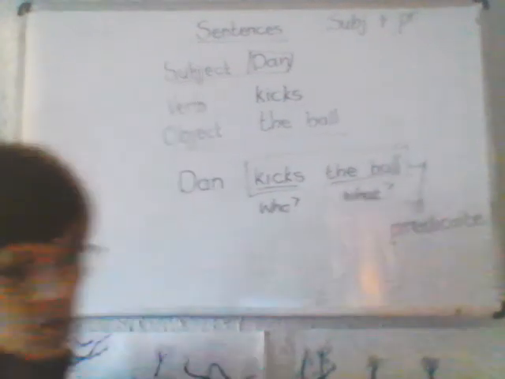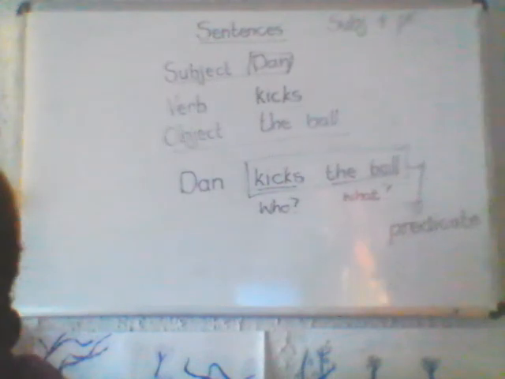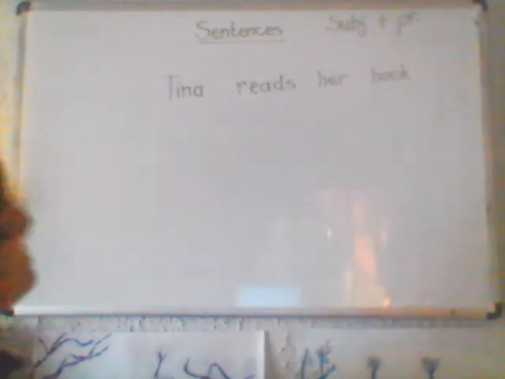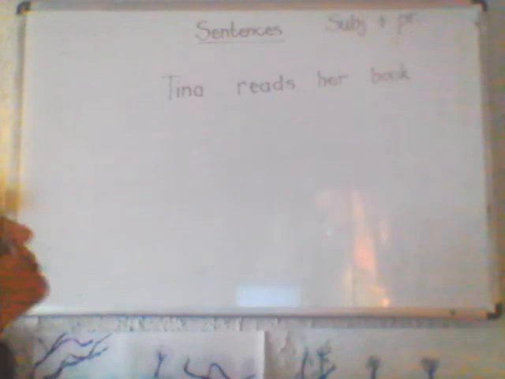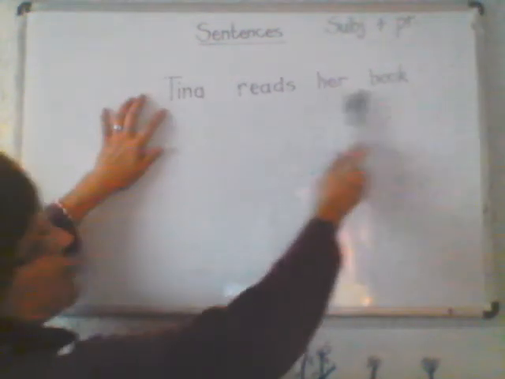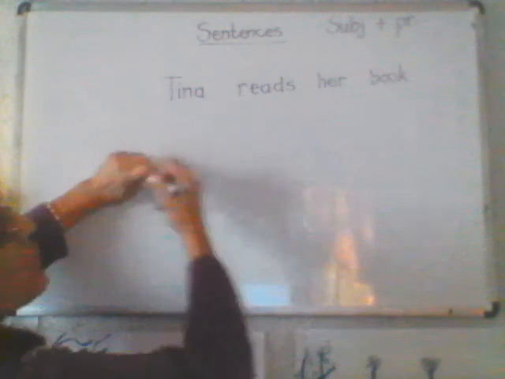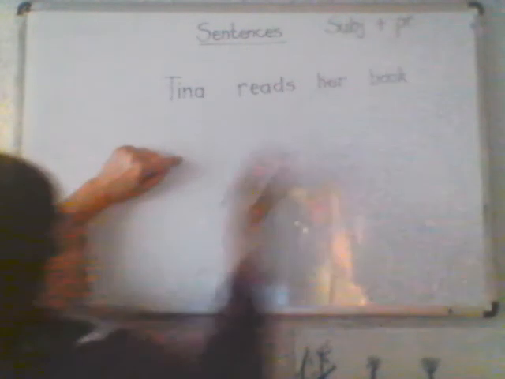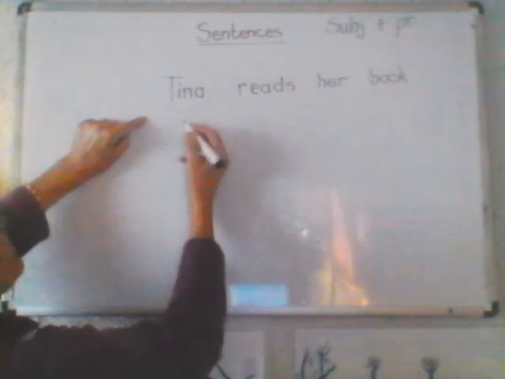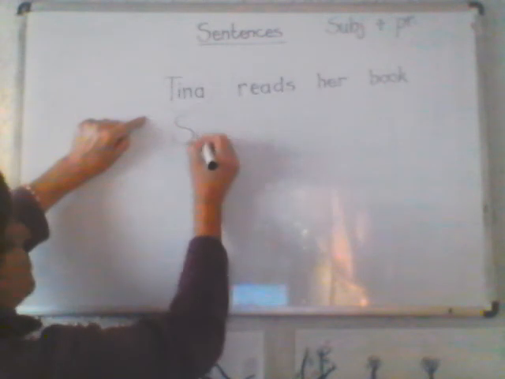So let's look at another sentence and see if we can break it up. The next sentence where we're going to see what the subject and the predicate are is: Tina reads her book. First of all we have to find the subject, and what will be the subject? It will be Tina. So Tina will be the subject.